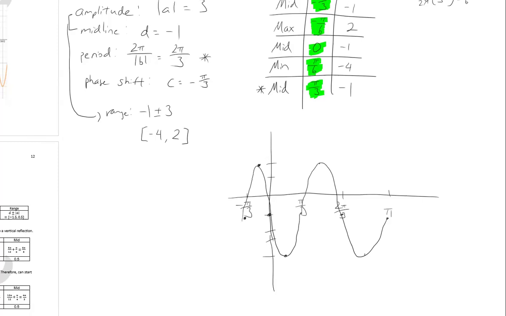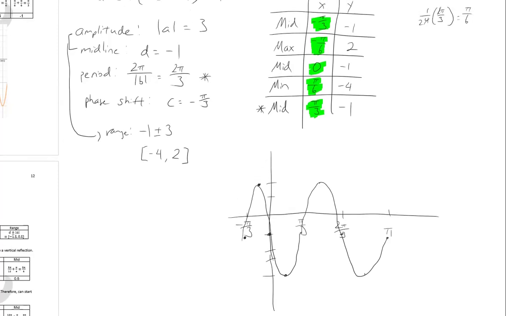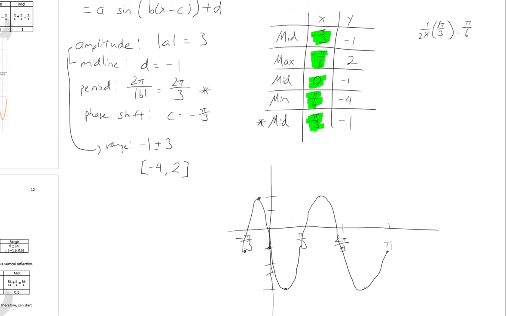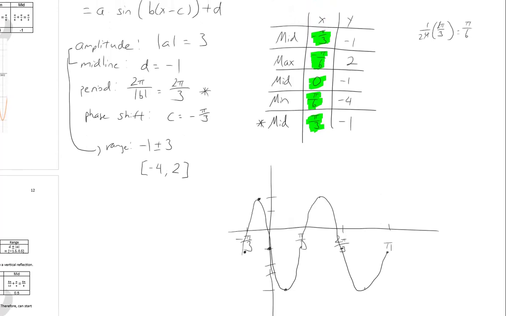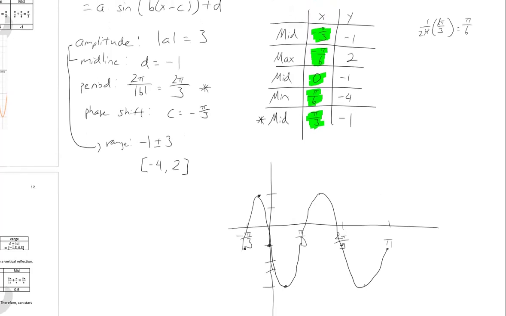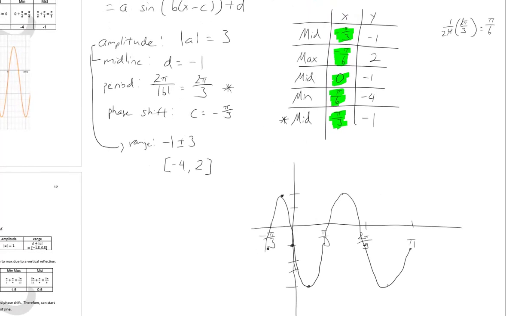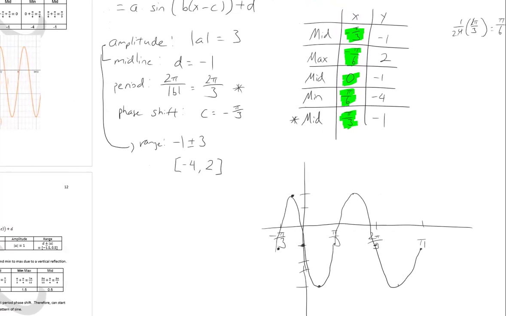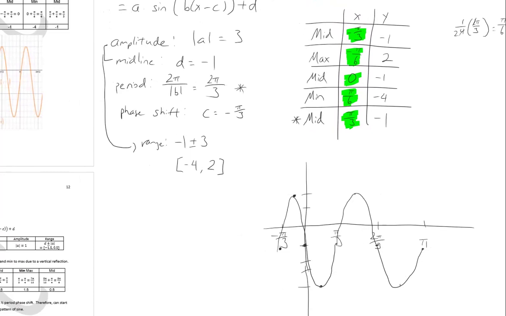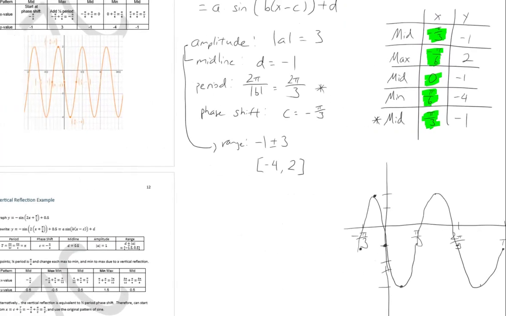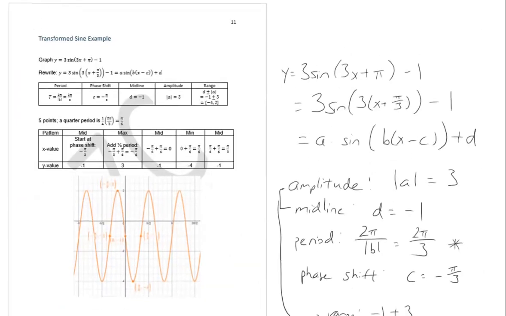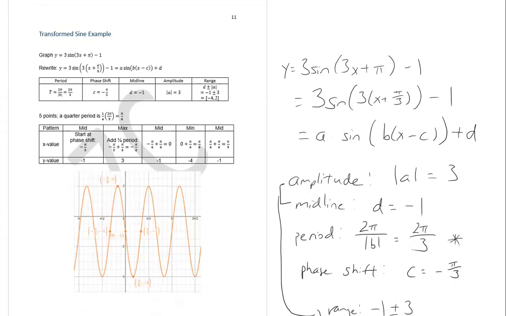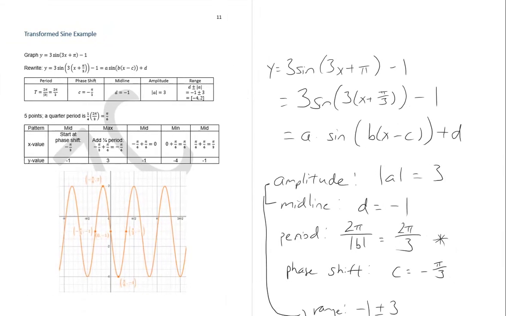You can see how this is clearly a compressed version of sine of x, because the period is much shorter. Let's see if I got that right. Looks about right. That's the exact same points that I wrote.